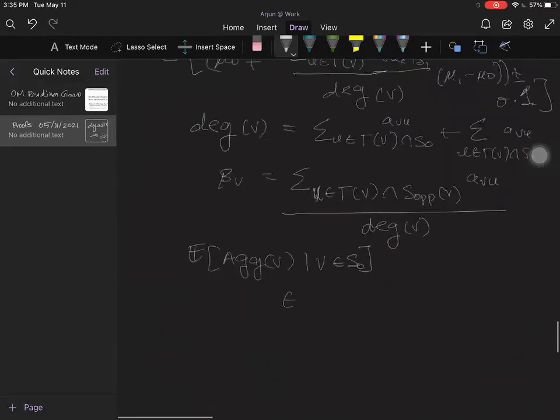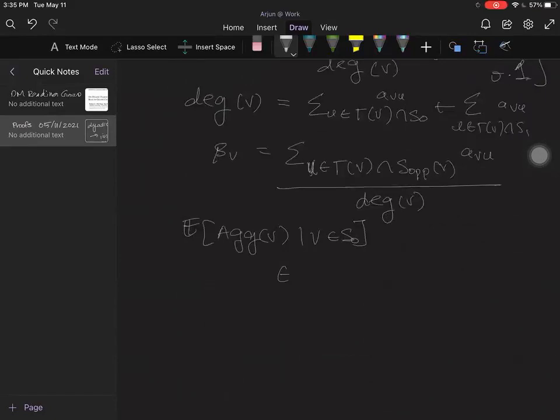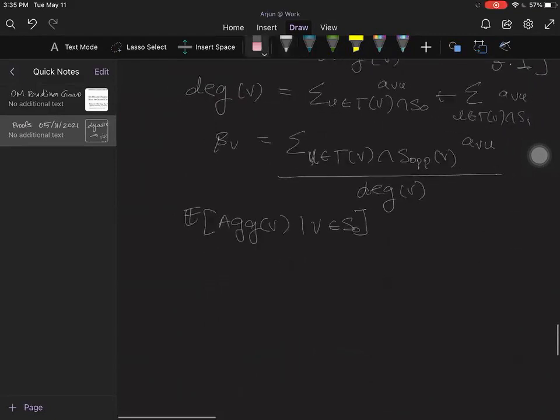But here, if we're only considering the expectation of the aggregation for the vertices within the sensitive group S0, we can say that this expectation is going to be one over the number of nodes in S0 times the sum of all the nodes in S0 for these values.